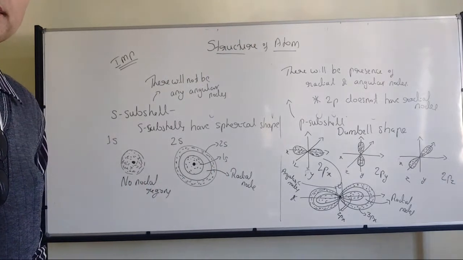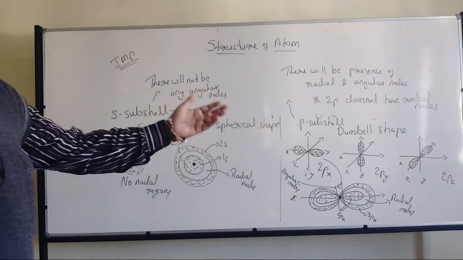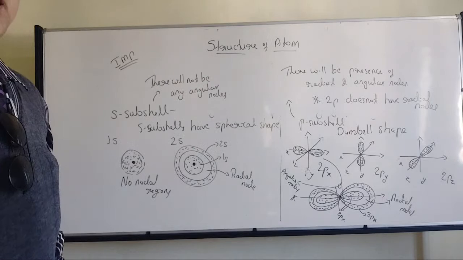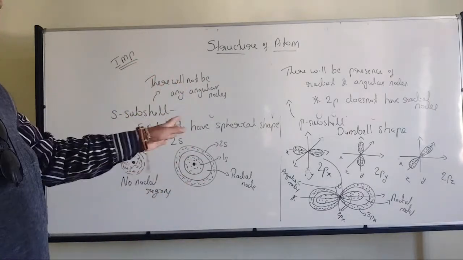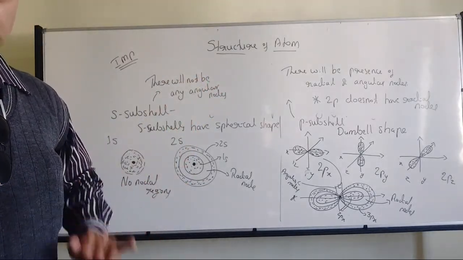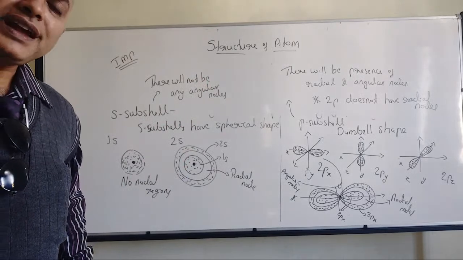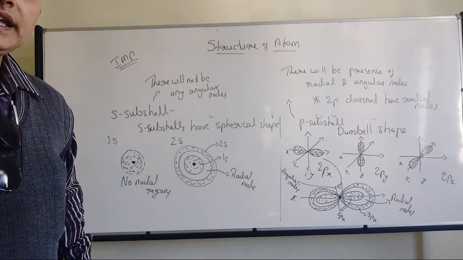But the rest of the P subshells, that means 3p, 4p, 5p, whatever it is, all of them will have both radial and angular nodes. But 2p does not have radial nodes. All of you have understood? Any doubts?